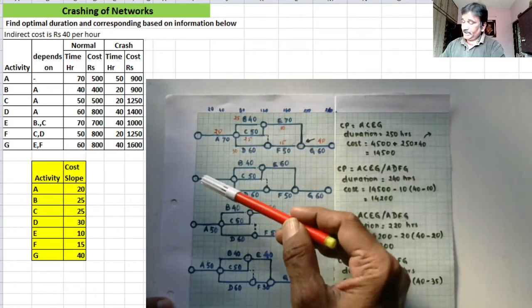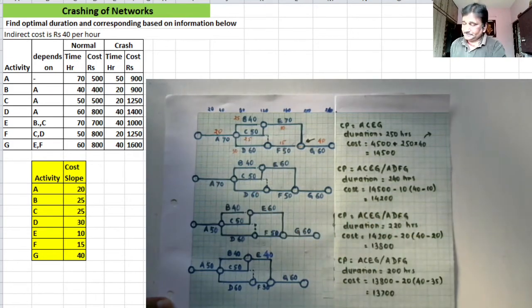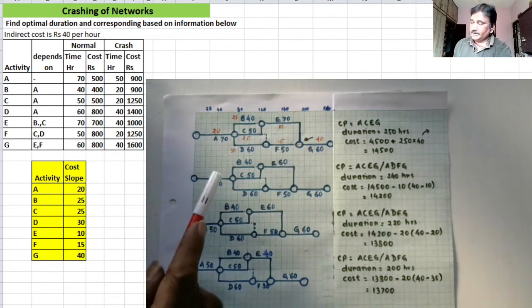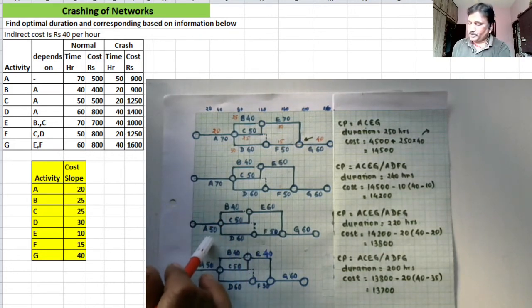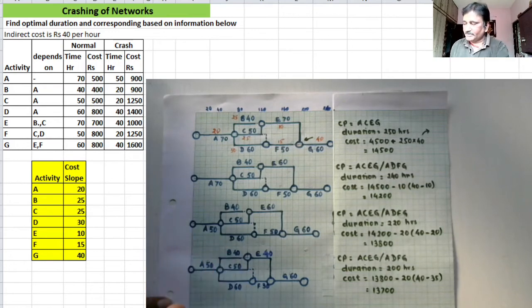Now I will be crashing activity A. How much can I crash? You refer to this table again. Normal duration of activity A is 70 and minimum duration is 50 hours. So I can reduce the duration of this activity from 70 to 50. Nothing is coming in between.